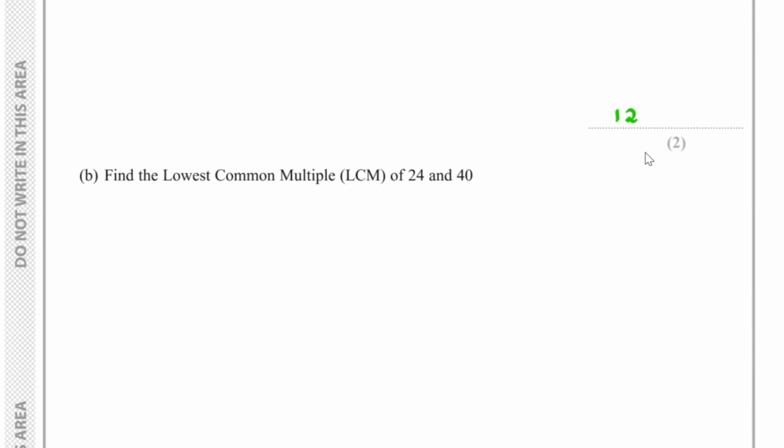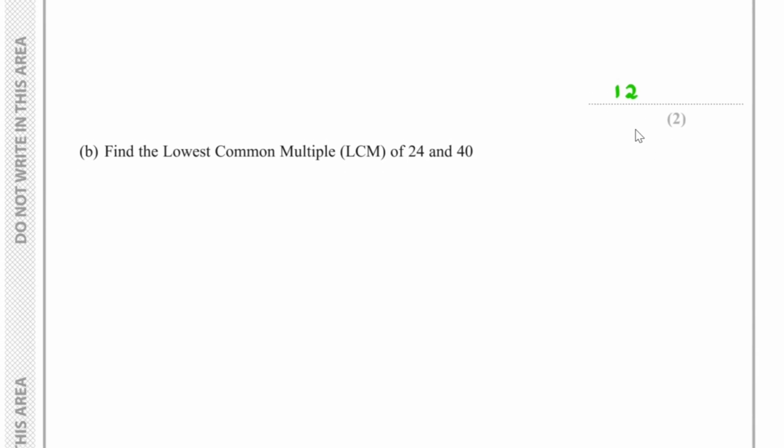And then for part B, we have to find the lowest common multiple of 24 and 40. Well, let's begin by writing out the multiples of 24. We've got 24, 48, 72, 96, 120, and so on.